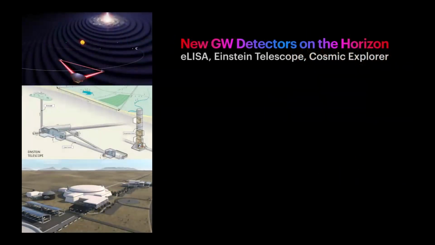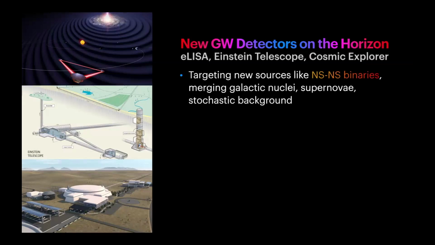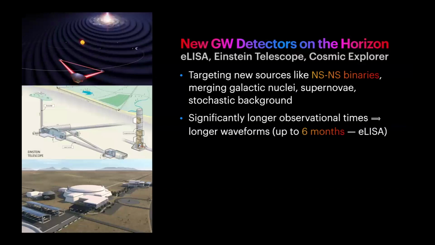So as I mentioned, new detectors are now coming to the scene, namely detectors like LISA, which will be a space laser detector in space, which at least initially, the idea was to have 5 million kilometer long arms.